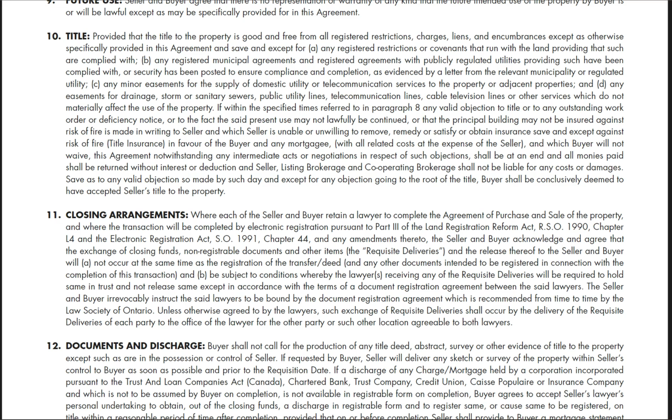The lawyers act as intermediaries to ensure that no money or title is exchanged improperly. It confirms all closing conditions are met, and it follows the Ontario electronic registration laws. It eliminates paper-based errors and ensures fast and secure registration.